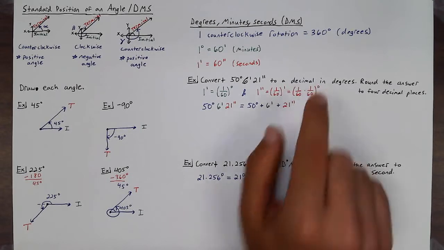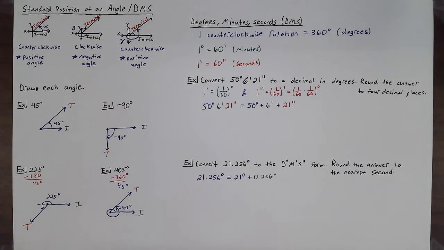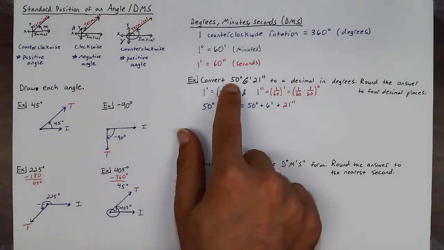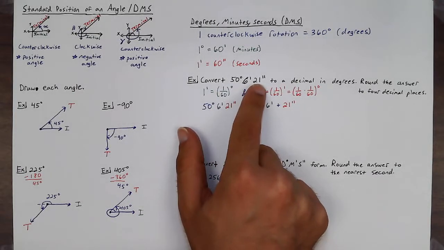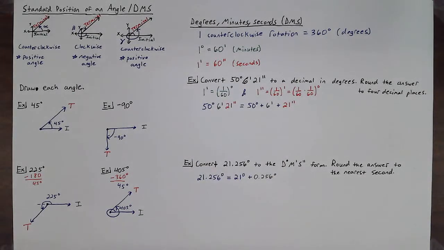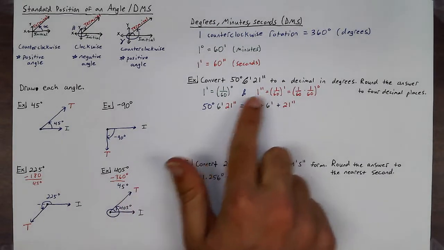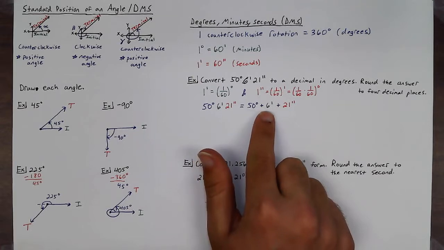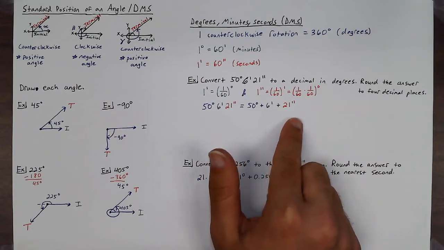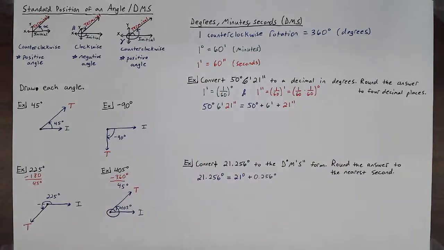So very, very specific. Now, if I wanted to convert 50 degrees, 6 minutes, and 21 seconds to a decimal in degrees, I would just have to first separate each of those parts, the 50 degrees plus 6 minutes plus 21 seconds, and then use these conversions to put it into that decimal form.